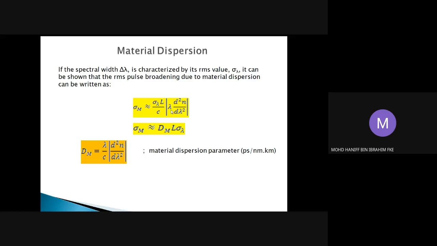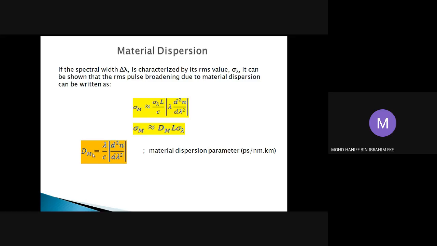We can also rewrite this equation simply as sigma m, the RMS pulse spreading or pulse broadening, equals Dm times L times sigma lambda. Dm is the material dispersion parameter as stated here, L is the length of the optical fiber, and sigma lambda is the RMS spectral width.